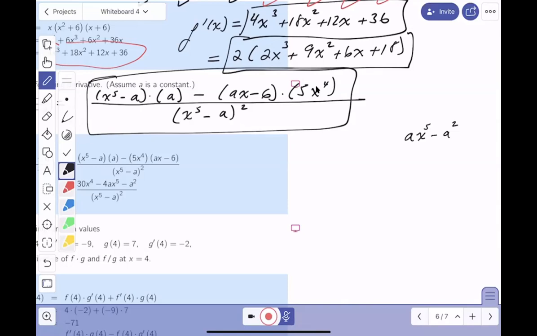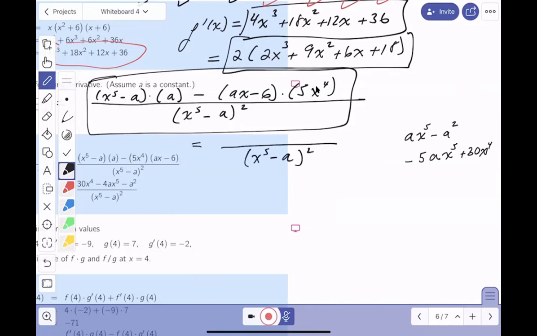And then what do I get? I get minus 5a x^5 plus 30x^4. I think I'm ready to write that down now. And what do you get at the bottom? x^5 minus a squared.